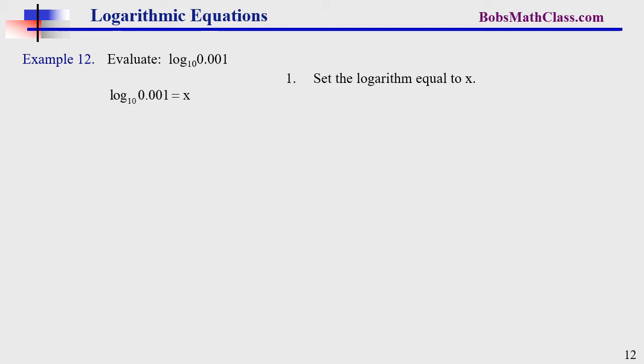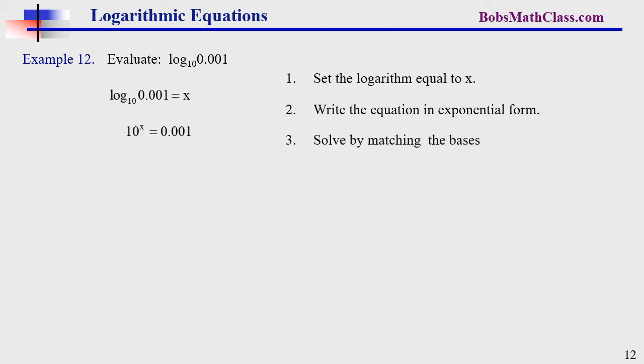Write it in exponential form. That's 10 to the x equals 0.001. Now we're going to try to match the bases. So let's see, that number on the right, 0.001, what position is the 1 in? Right, it's in the thousandths place.